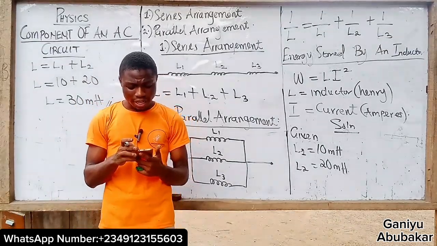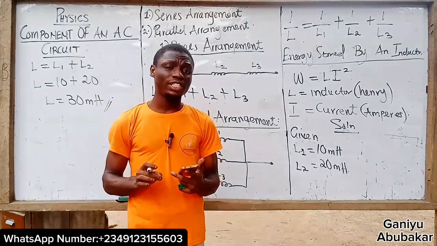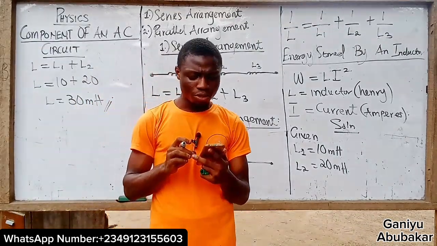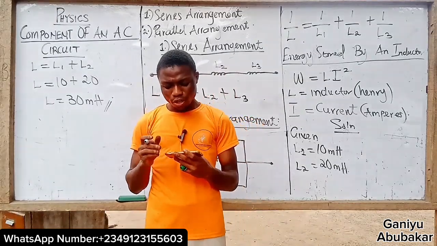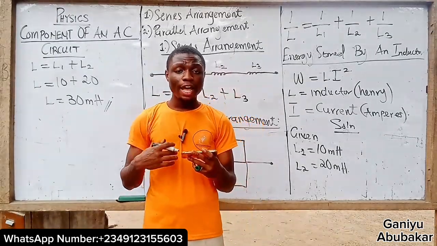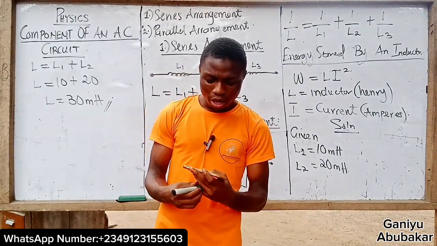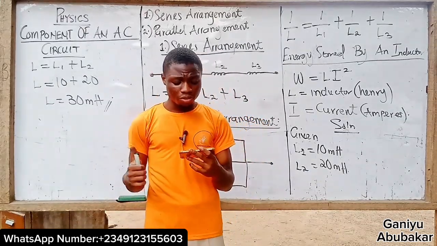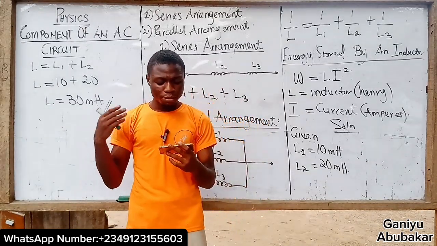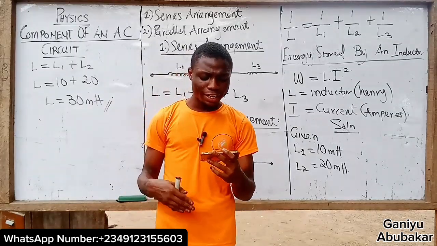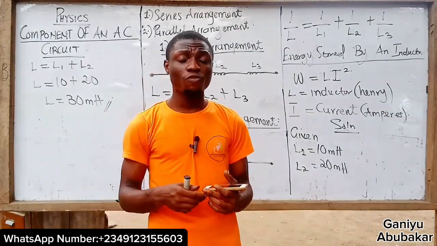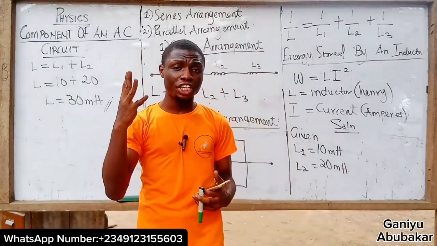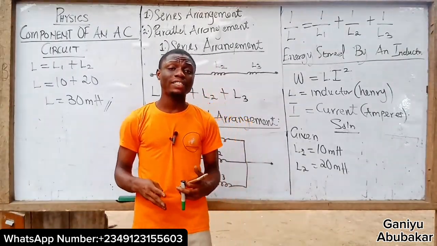The second question says that a parallel circuit, listen up, a parallel circuit consists of three inductors. L1 is equal to 10 milli Henry, L2 is 20 milli Henry, and L3 is 30 milli Henry. Find the total inductance of the circuit. I'm given three inductors and they are arranged in parallel.